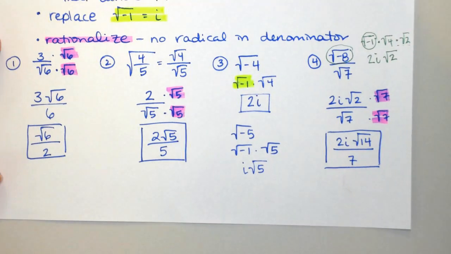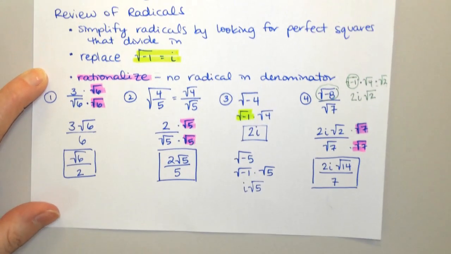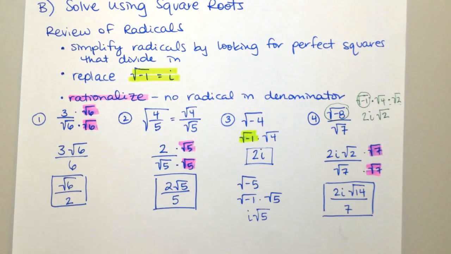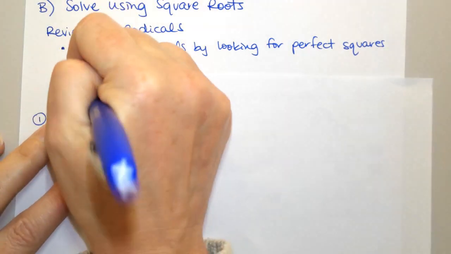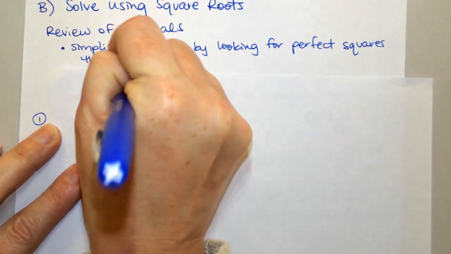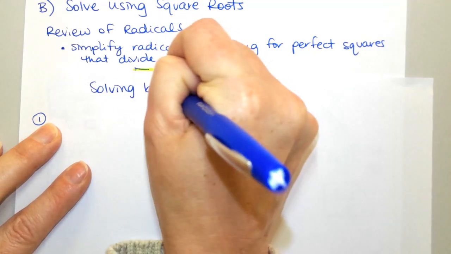Okay, so we'll be using some of these skills as we're working on radicals, but let's go ahead and look at what quadratics that we're solving are going to look like. So we've done our little review of radicals, so now we're just going to focus on solving by square roots.